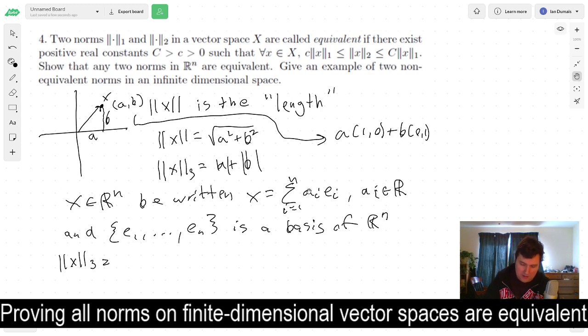So it's just going to be the sum, as an equal. I need to fix that. It looks like a less than or equal to, and we're going to do that a lot. All right, so this is just the sum of the absolute values of these ai's. So our goal now is to show that this is a norm.